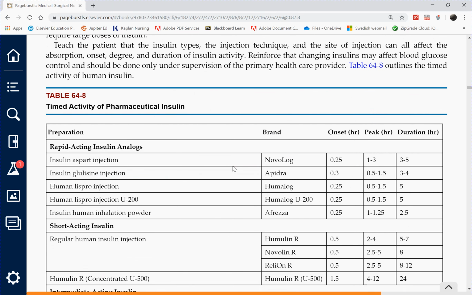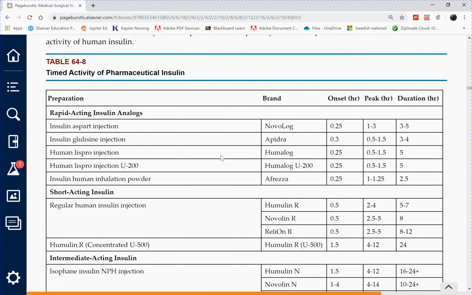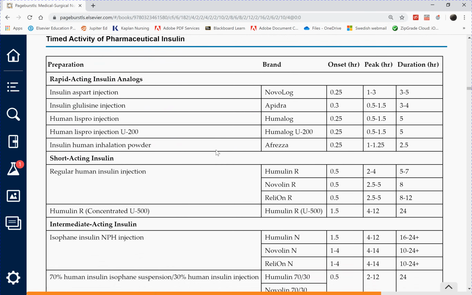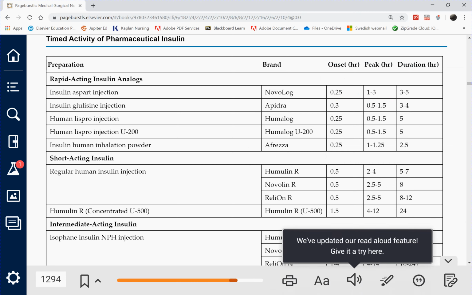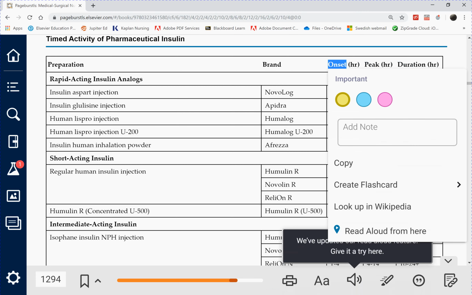All right, let's go to insulin now. So this obviously is not only for type 1, but some type 2 patients may be put on insulin. Table 64-8. Now you have to learn onset, peak, and duration. The reason is this: onset will help you decide when to give the insulin to the patient in relation to a meal.